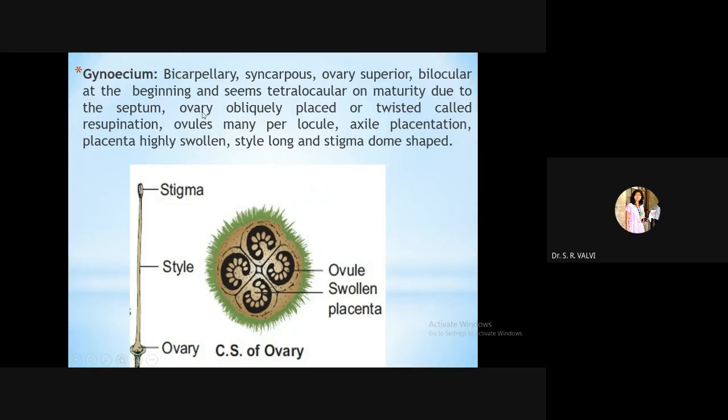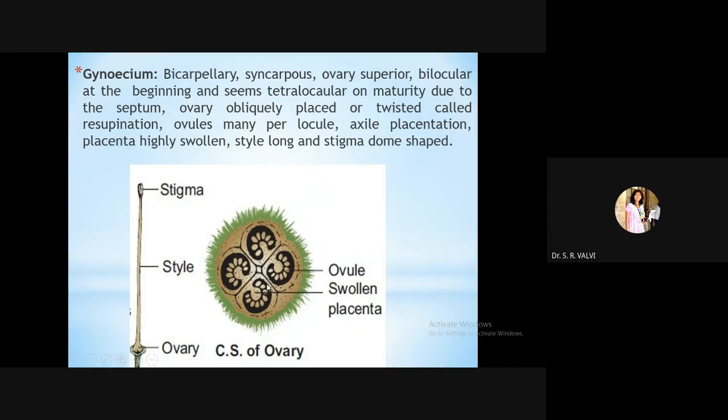Now next character, see, ovary obliquely placed. See my cursor again. Here is a somewhat slanting line. What is a slanting line? Here it is obliquely placed.